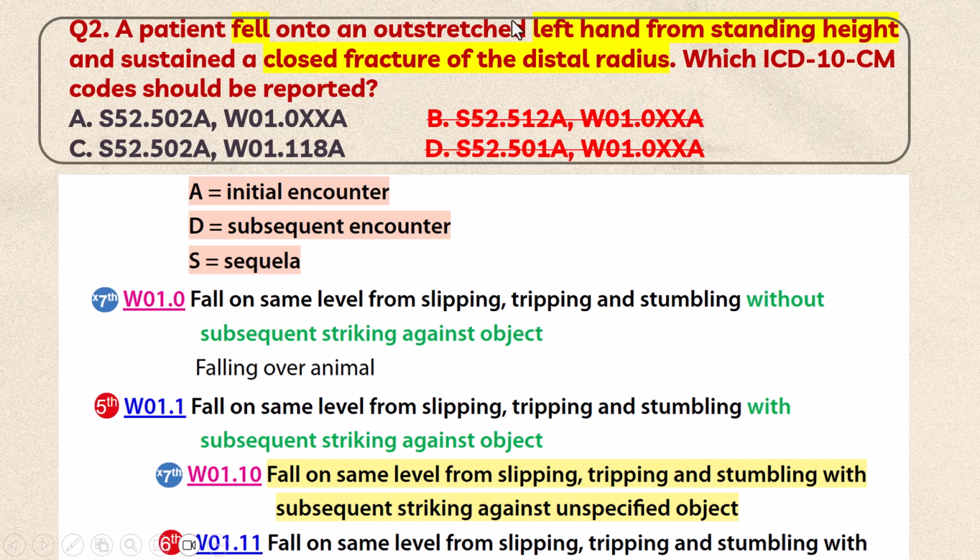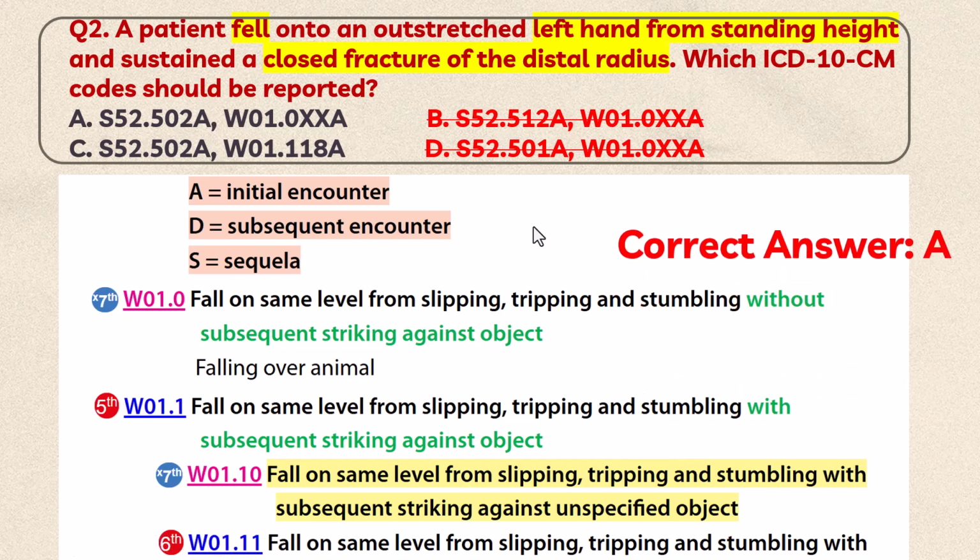But in this case, no object is mentioned, so you can use W01.0. Here also you have to use the 7th character. There are 4 codes available, so for the numerical order, you have to add the 2 X's and A, that is for initial encounter. So the correct answer is A.